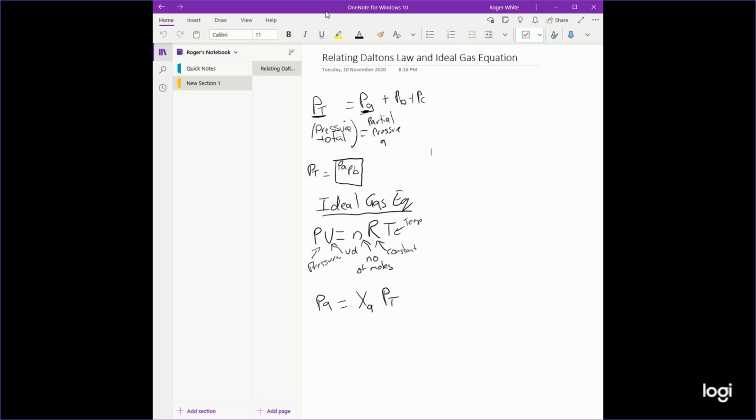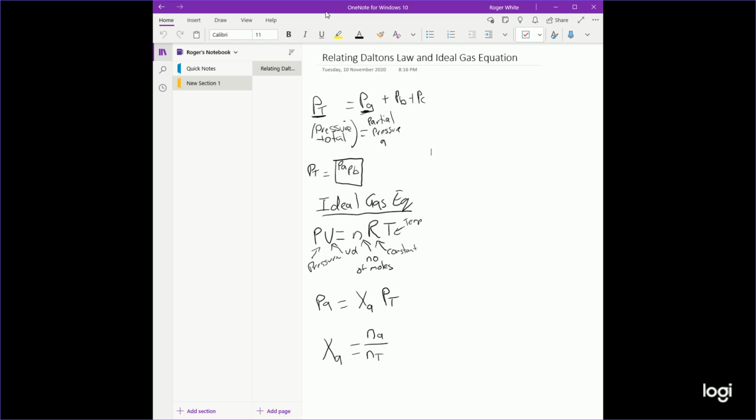So what is the mole fraction? The mole fraction equals the number of moles of A divided by the total number of moles. So say you've got 5 moles of A, and in the total system there's 10 moles, so there's 5 moles of another substance.